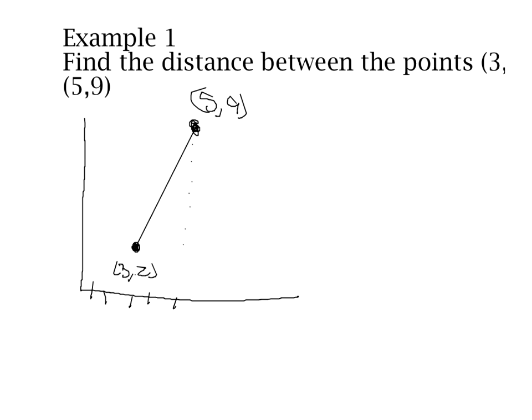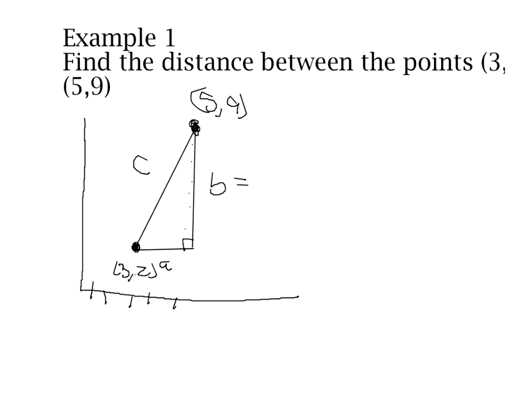Alright, so there is the hypotenuse, which we're going to call C. And so it's got these legs. And so this we're going to call B, and this is A.